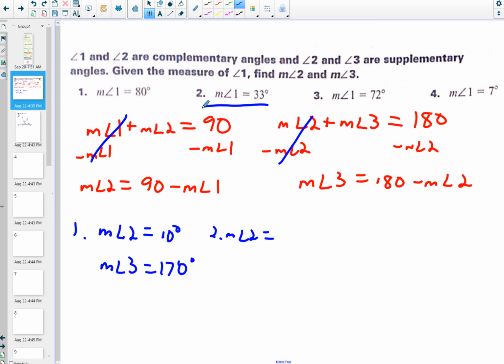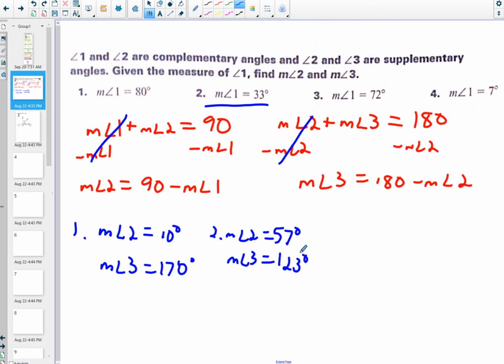Good, it is 57. And now that I know that 2 is 57, to find 3, what's 180 minus 57? 123. It should be 123.